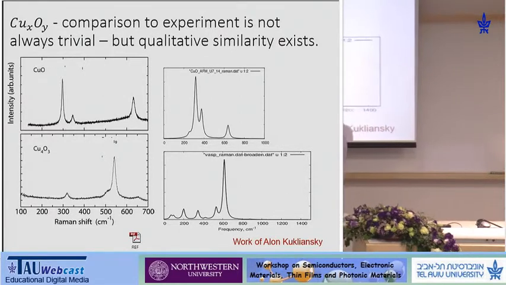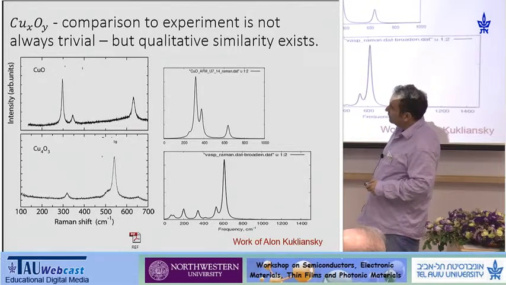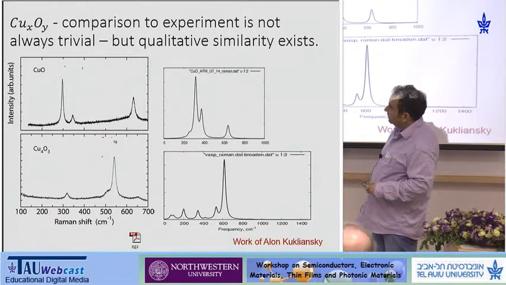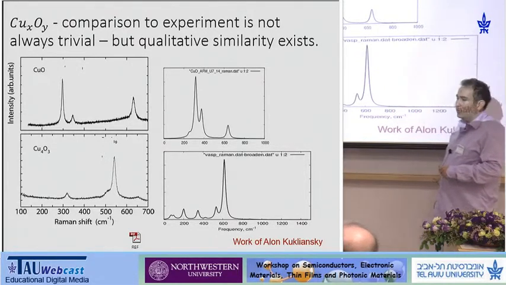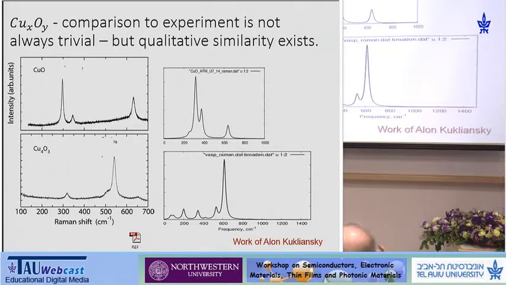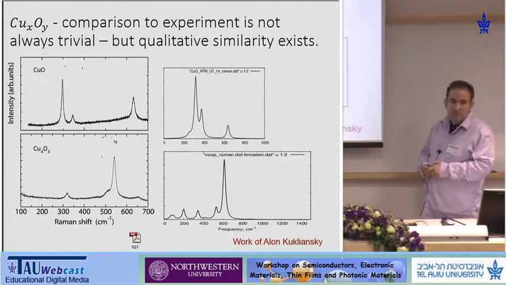And you can see that if we go to another phase of copper oxide, then we get a quite different picture. For example, in this comparison, we would say that this is more similar to this, and this is more similar to this. Well, at least I would say that.